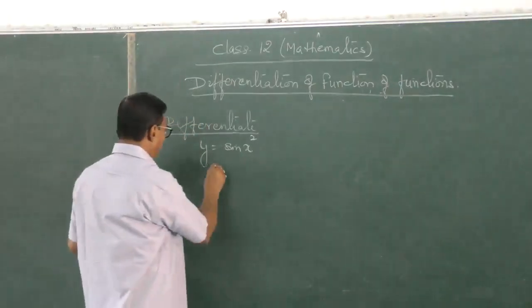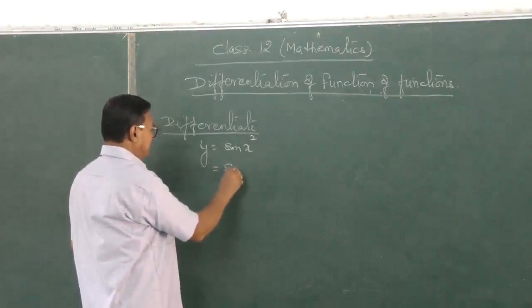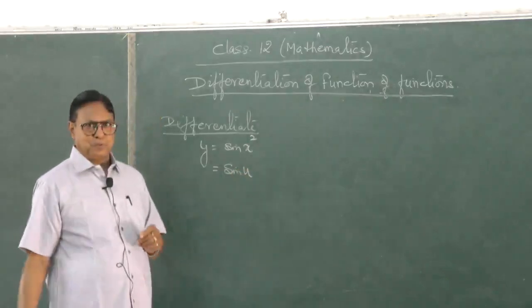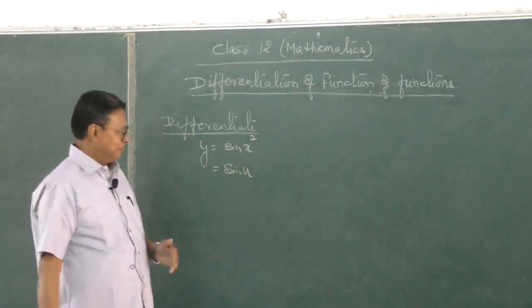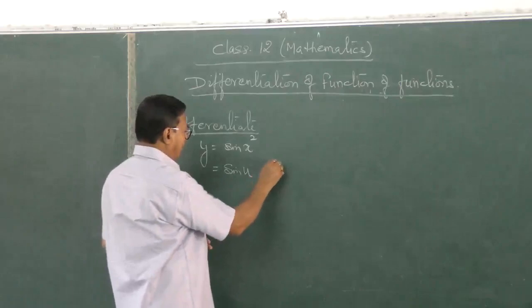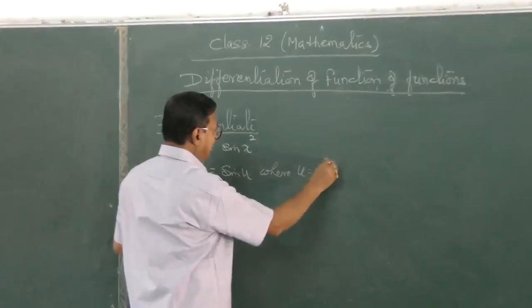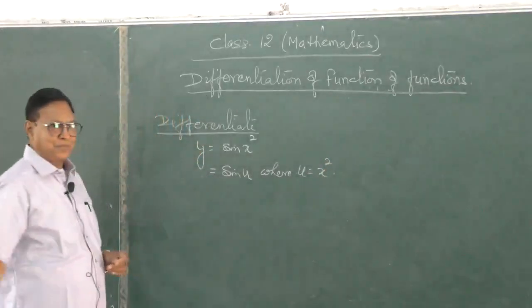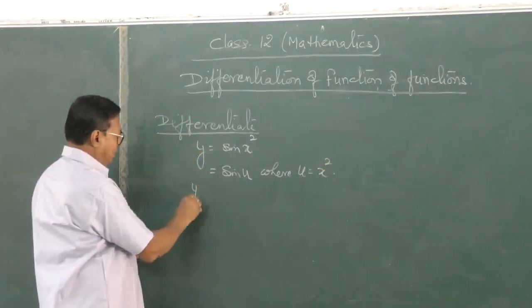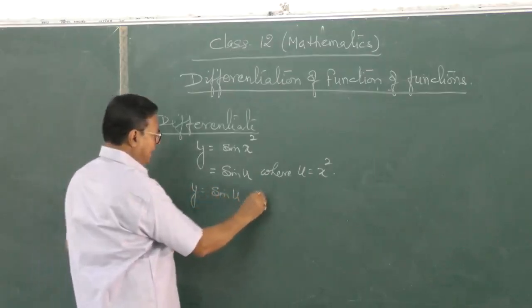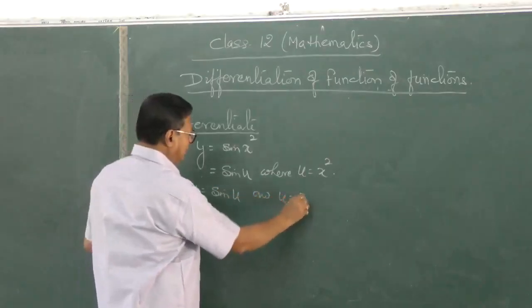Since we have a formula for sin x, instead of x square, I write u to bring it into that form. So where I have written u, for what? x square. So y is a function of u and u is a function of x.